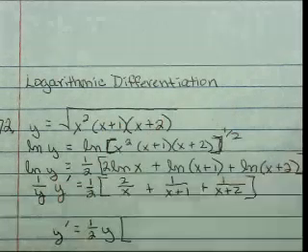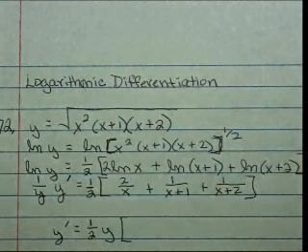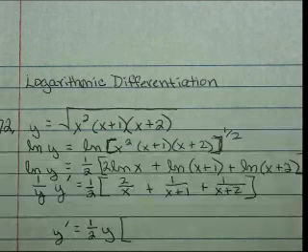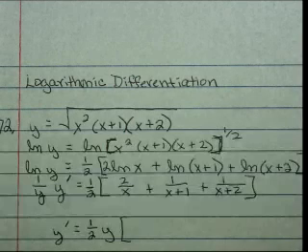Just because we're in a bit of a hurry here, and I did this problem a little bit earlier today, I thought I had that derivative written down nicely somewhere. Ah, here it is.